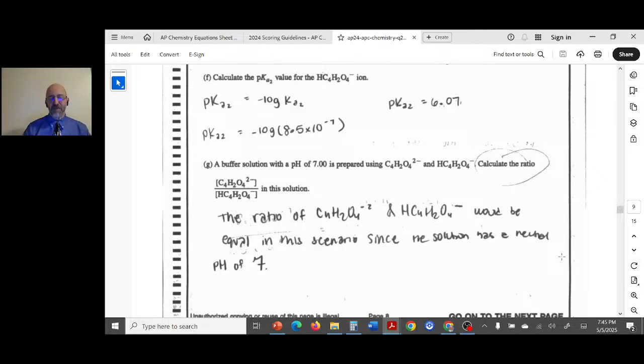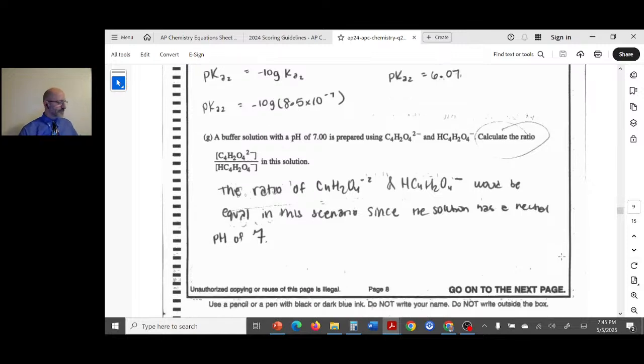So this would be a Henderson-Hasselbalch calculation, but that student assumed that at a pH of 7, these two components would be equal, but that's only true for things like strong acids and strong bases like H plus and OH minus. I'm hoping that this is a helpful process where I'm trying to talk about the correct answers and then show you some sample student mistakes to kind of guide you.